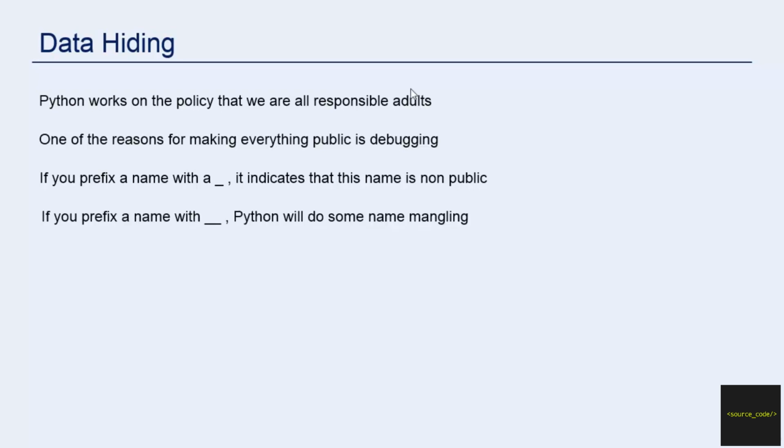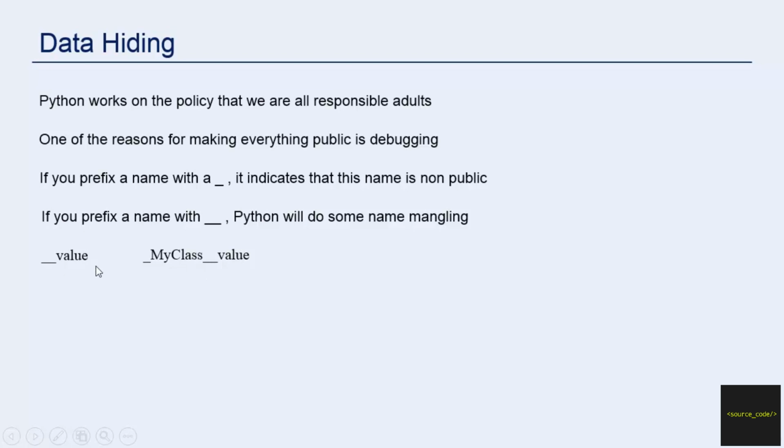If you prefix a name with double underscores, Python will do some name mangling and that attribute will not be directly visible from outside the class. For example, this is internally replaced with this name, where my class is the name of the class in which this attribute is defined.